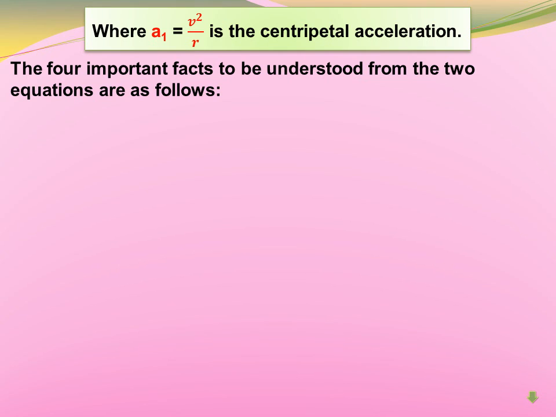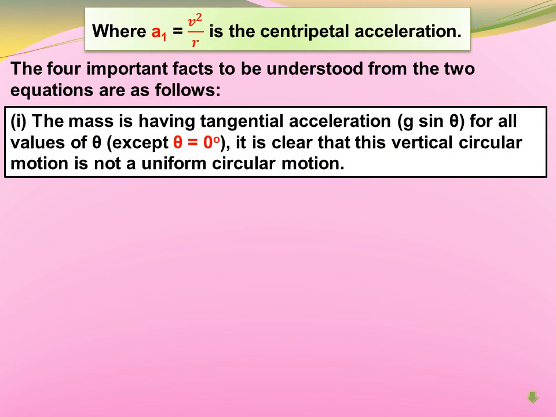First, the mass has tangential acceleration g sin theta for all values of theta except theta equal to 0 degrees, and it is clear that this vertical circular motion is not a uniform circular motion.